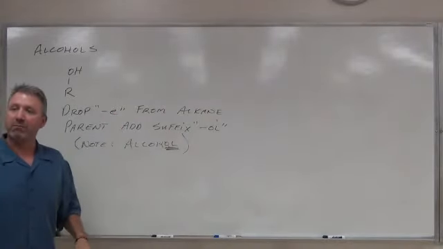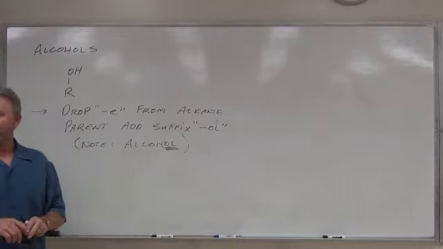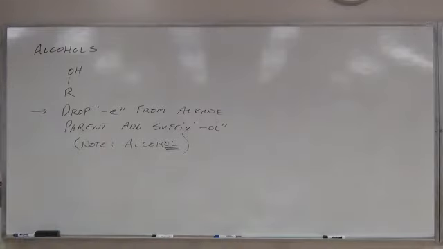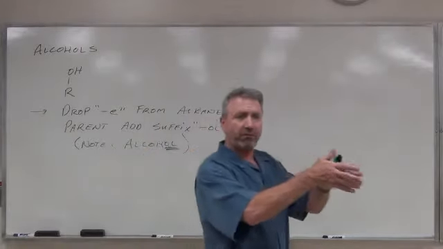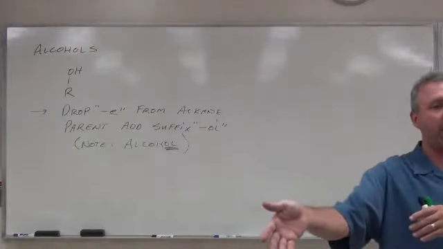Now the table in the book tells you what the endings are. If you look at them back in chapter 7, on 7.2, for alcohol, for example, you see how the name ends in OL? So it kind of gives you a hint as to what the functional groups are versus what their names are.